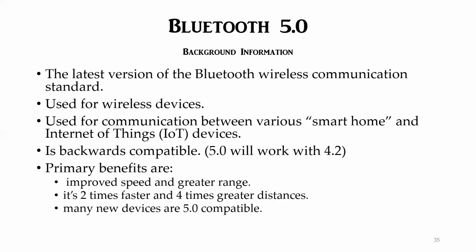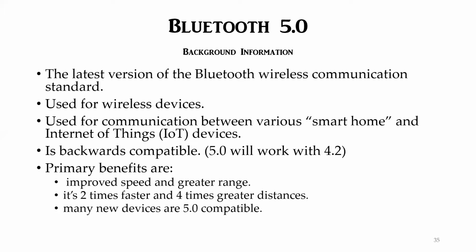I said I was going to talk a little bit about Bluetooth. Okay, Bluetooth 5 is on the market. It came out in 2016. And Bluetooth 5 has some improvements over Bluetooth 4.2, which is the latest Bluetooth version. My new iPhone 8 has Bluetooth 5 capabilities.